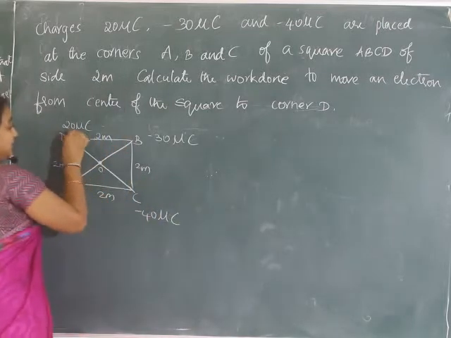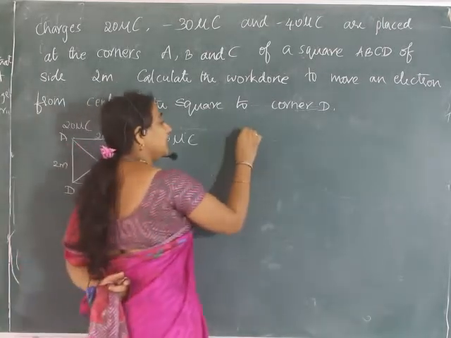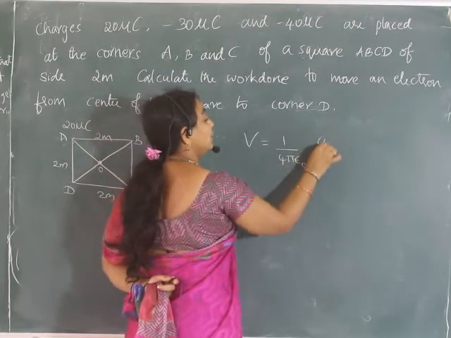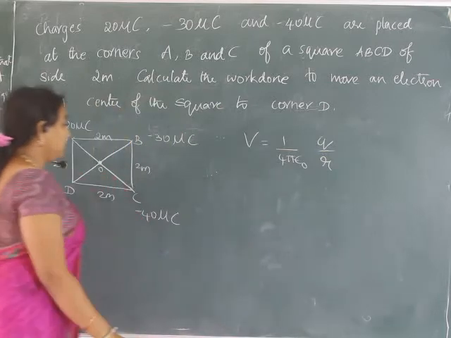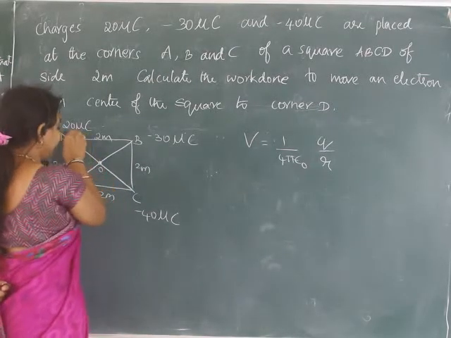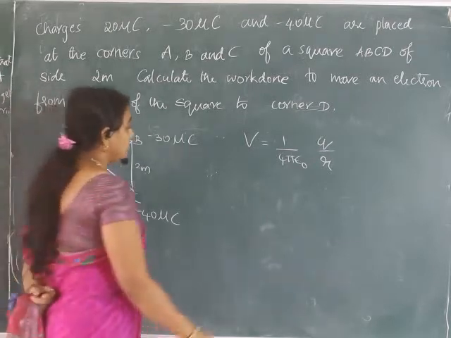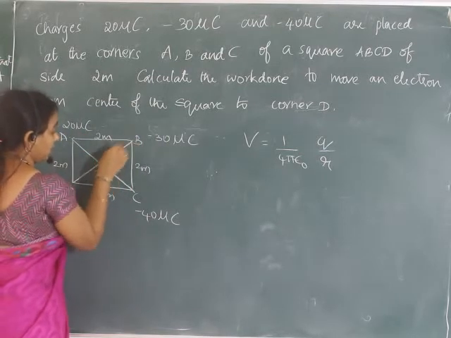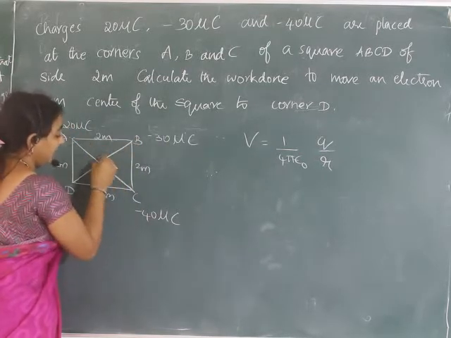After placing this charge, the expression for the potential is 1 by 4 pi epsilon naught Q by R. Now, potential at A, potential at B, potential at C. So, potential due to the charge A on O. Before that we should know R. That R is this one: R1, R2 and R3, or RA, RB and RC.